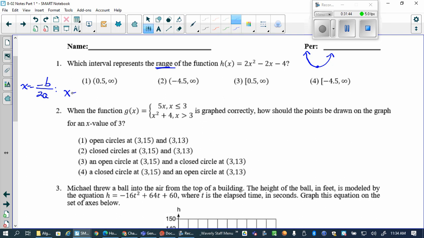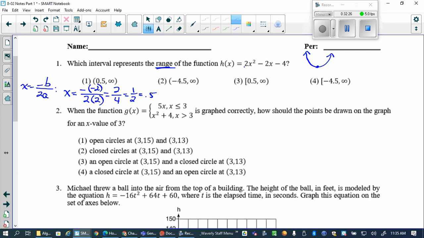So it'll be x equals what, kids? Negative 2 over 2. What's the a? 2. There you go. So it's 2 over 4, which is really what? A half. So let's make it 0.5.